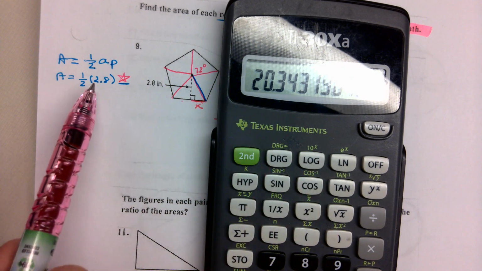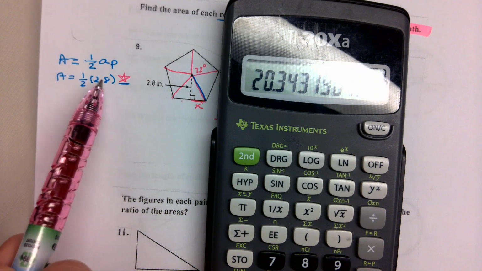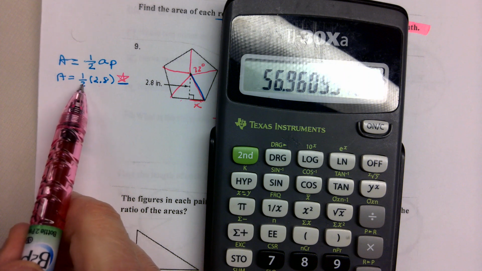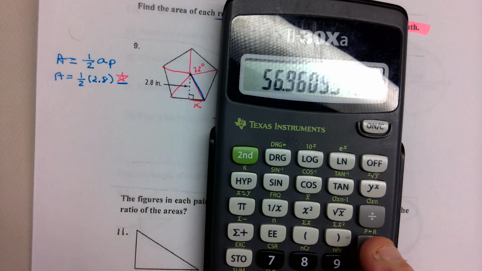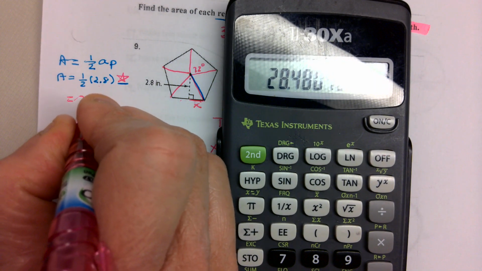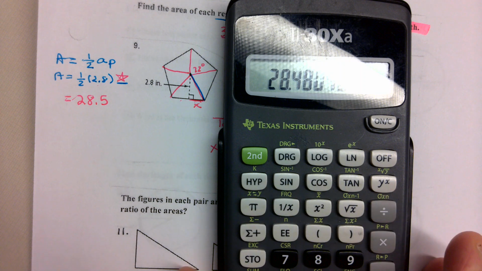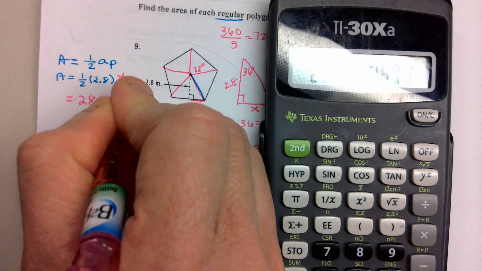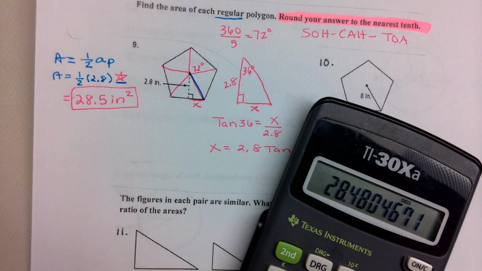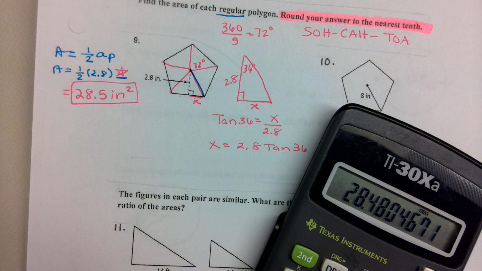Now I need to take that and multiply it by 2.8, and times a half, or divided by 2, same thing. My answer is 28.5 inches squared. So there you go. It's really important to be super clear and super neat so you don't lose track of what you are doing. Okay?